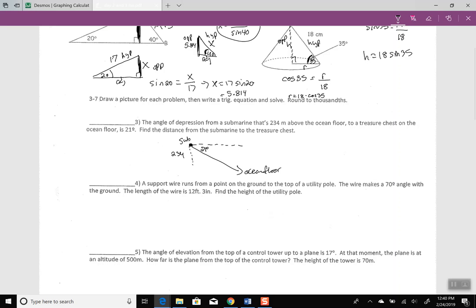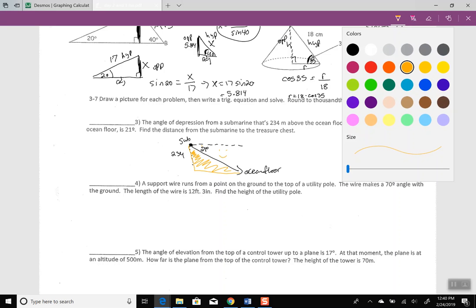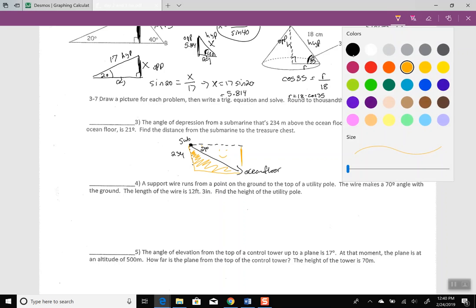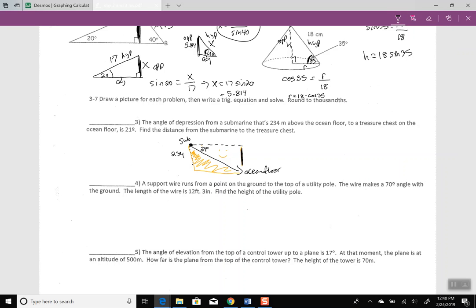But one thing you have to be very careful of is that you are not working with this triangle. So this is not the triangle you're working with. The 21 degrees is in this triangle over here. So you have to make sure that you kind of transplant stuff. If this thing going up and down is 234, then this over here is 234 meters.